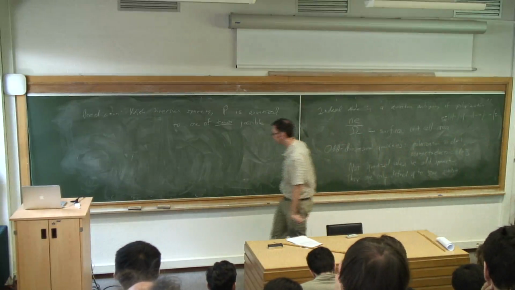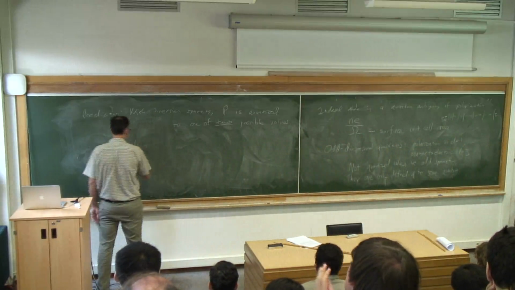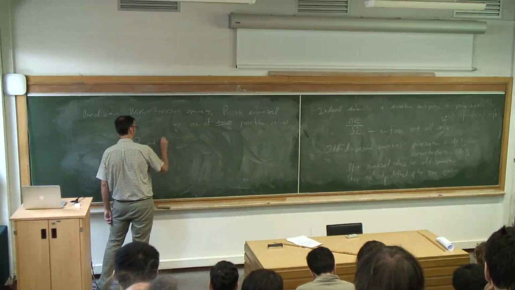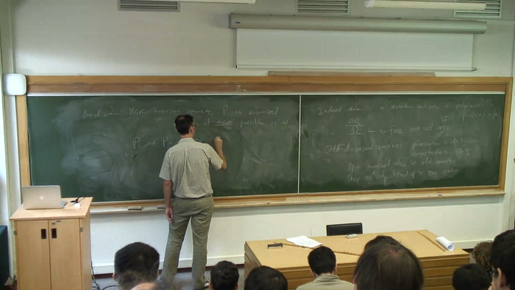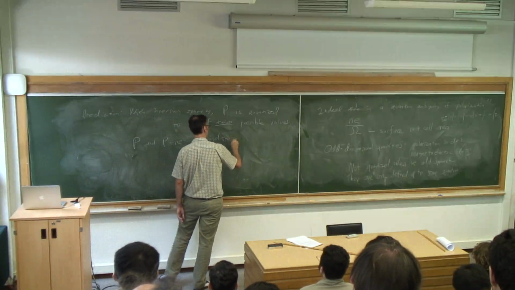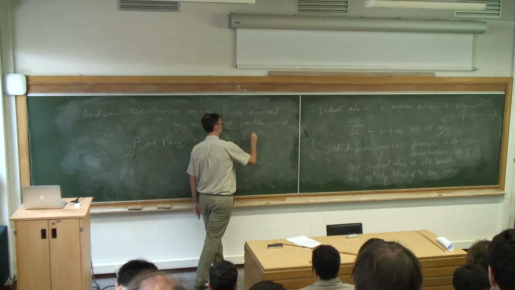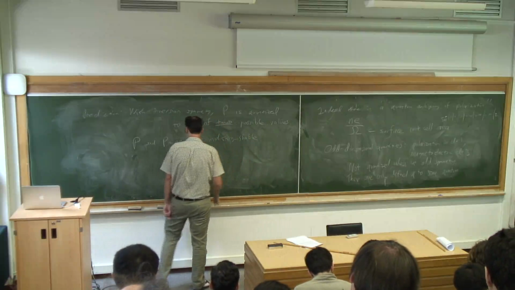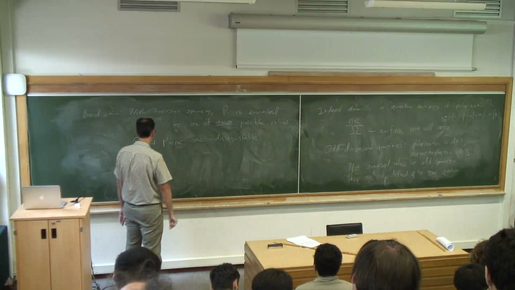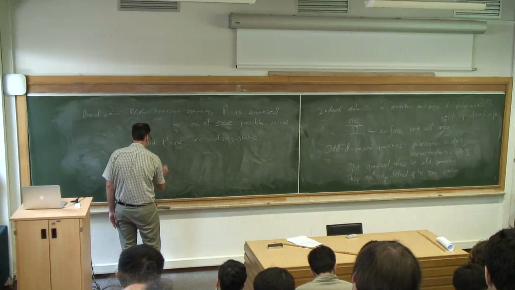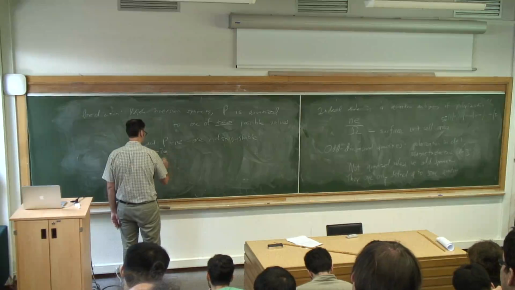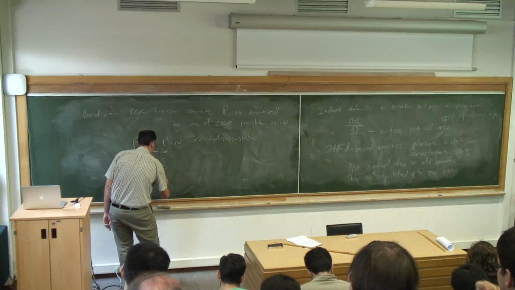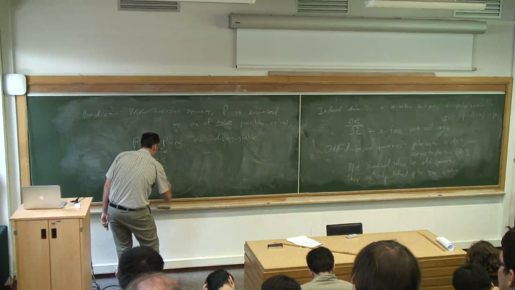And here's a simple picture. Our requirement was that P and P plus nE are indistinguishable. One option would be if I've got 0, E, 2E, minus E, minus 2E.